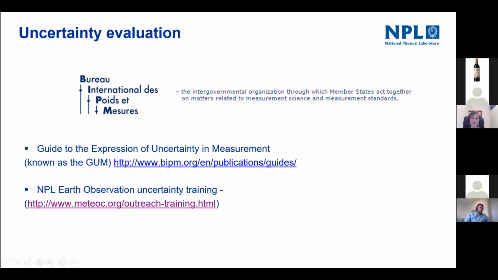So that's why at NPL, we created the Earth observation uncertainty training, which is basically trying to link the GUM to Earth observation problems, and trying to find that linkage. So if any of you is interested, this is the link where you can access the training provided.